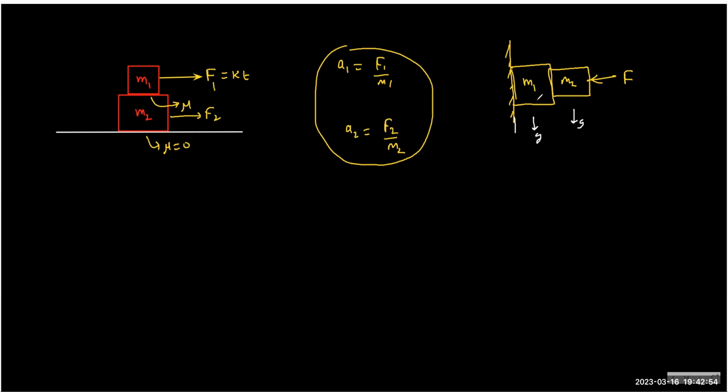There is no option like M1 g, M2 something else. So is there any tendency of relative motion between block M1 and M2 right now? The answer is no. So will there be any friction between the blocks? The answer is no. So they will move together, free fall, g, g. Is this clear? Does it make some sense to you? Yes. But suddenly, one fine day, I say no, M1 is touching the rough wall.